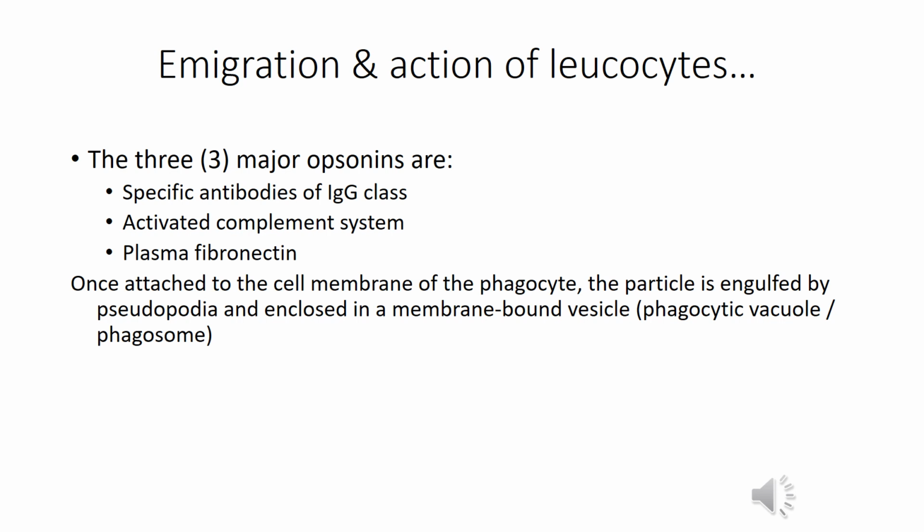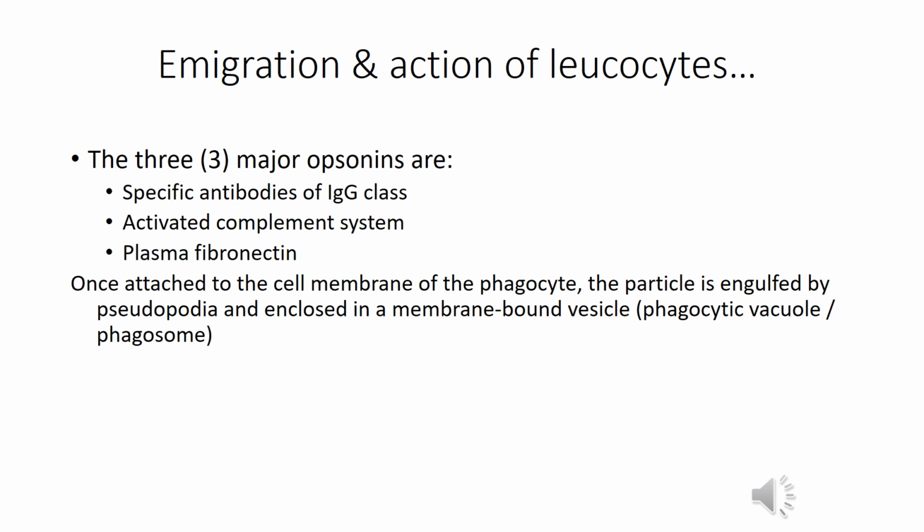Certain antibodies of the IgG group or class, and we shall talk about IgG later when we talk about the immune response. Activated complement system, this we shall discuss in detail when we are talking about mediators of inflammation. And then we have the plasma fibronectin.